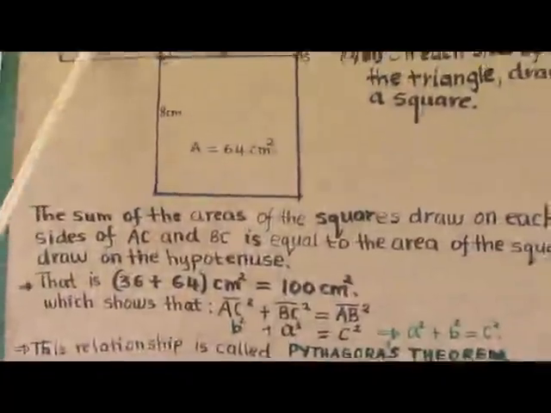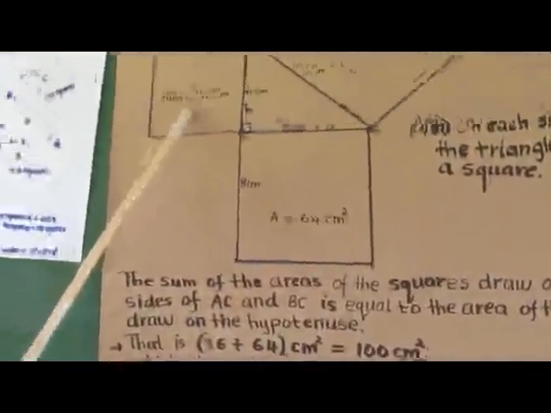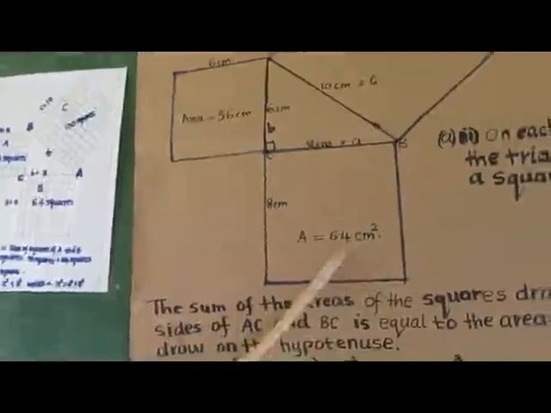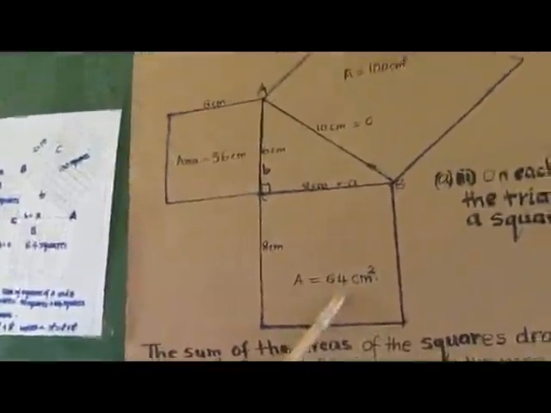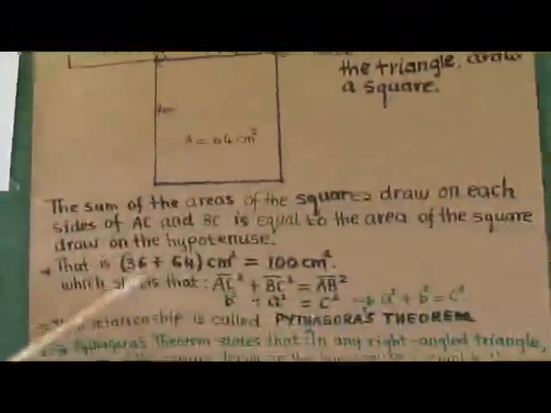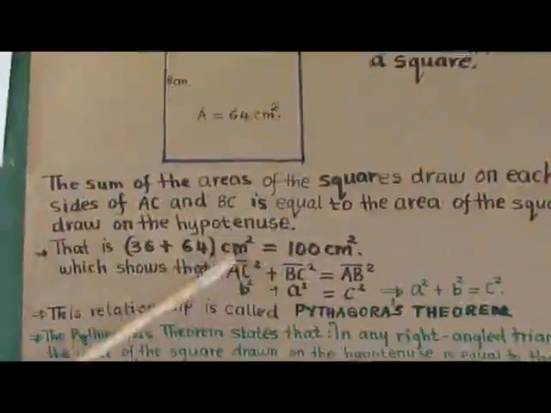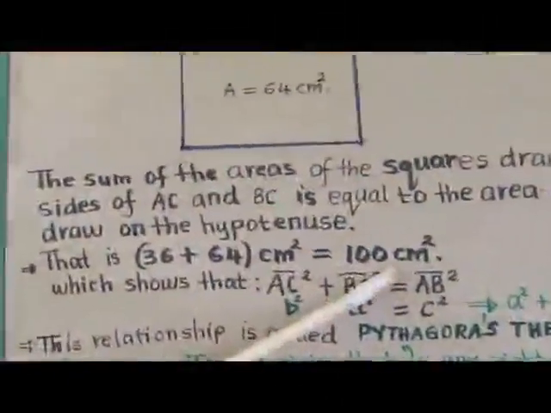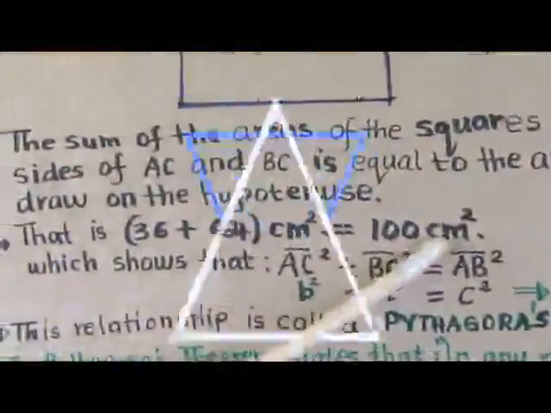The area of this square, which is equal to 36 centimeters squared, plus the area of this square on the base of the triangle, which is 64 centimeters squared, the sum is equal to the area of the hypotenuse square, which is drawn on the side of this hypotenuse. That is 36 plus 64 centimeters squared is equal to 100 centimeters squared.